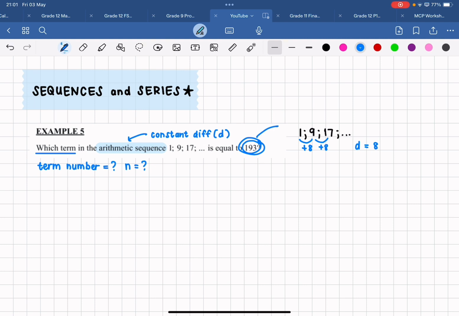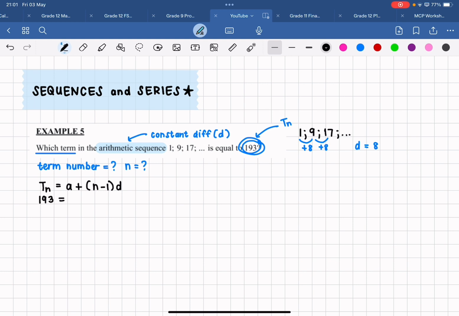Now what we're going to do is this term that they've given us, we are going to make that equal to the nth term. Remember, for an arithmetic sequence, the term formula that we use is that Tn is a plus n minus 1 times d. And we are going to make Tn equal to 193.